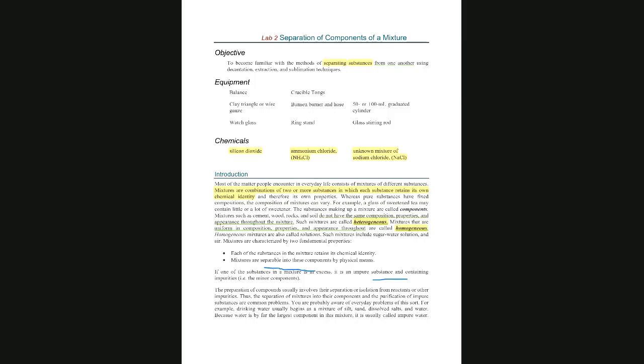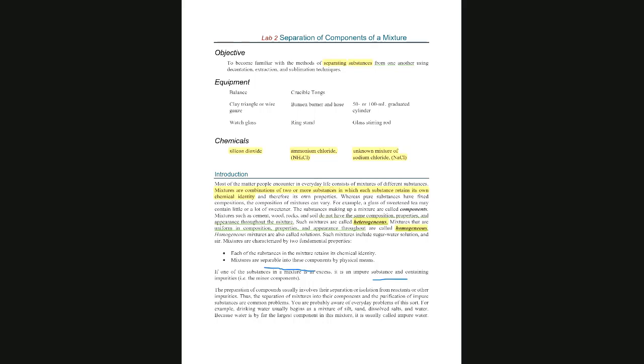So the first concept that is important when you have a mixture is that mixtures are a combination of 2 or more substances. But what's important is that each substance retains its own chemical identity.